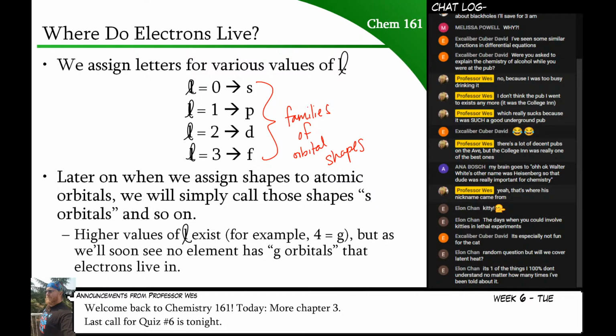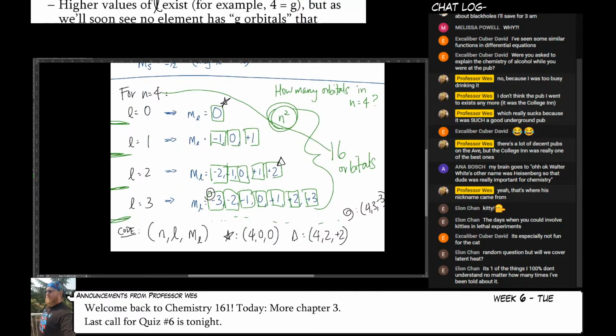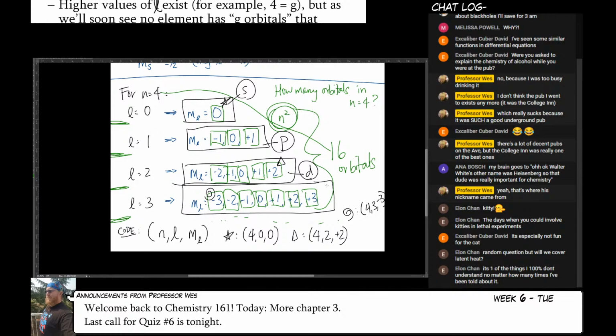And so what that means is that if I go back over to here, and we look at this, all of these orbitals right here are going to have the S shape. All of these orbitals right here, because they're L equals 1, will have the P shape. These will be D. And these will be F.